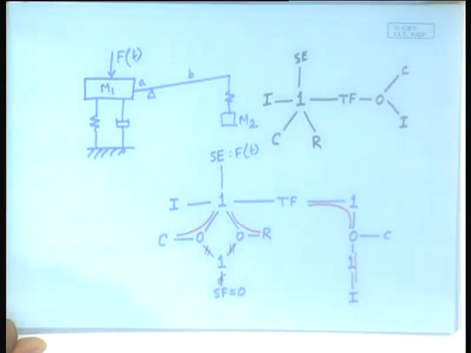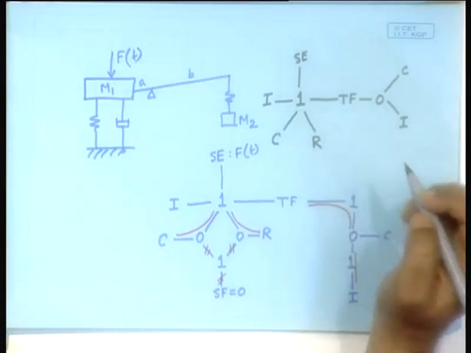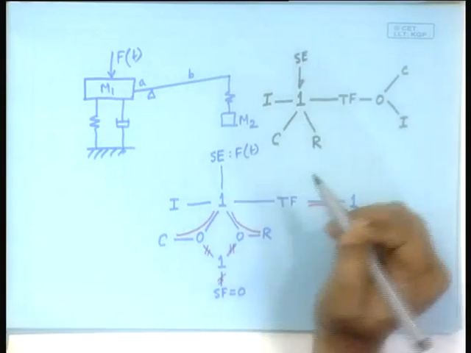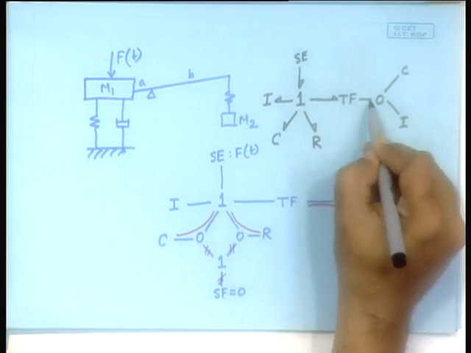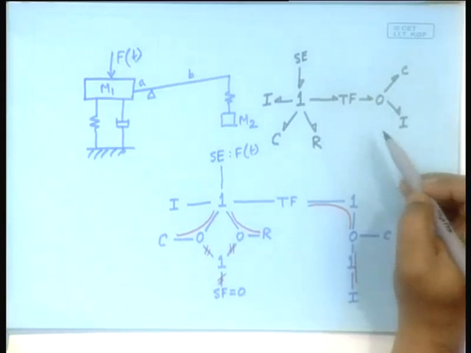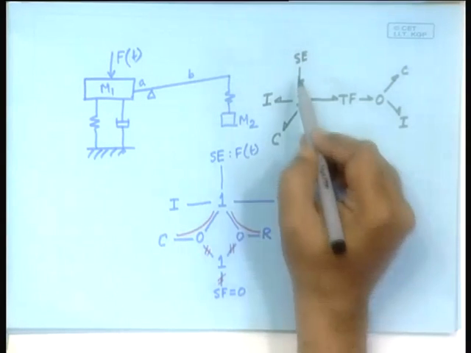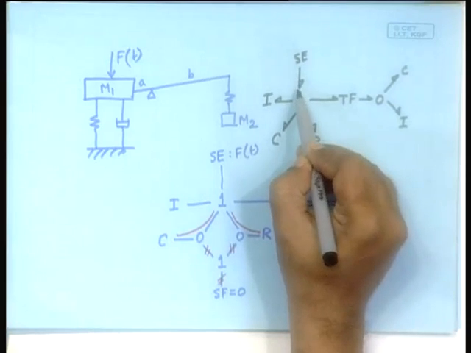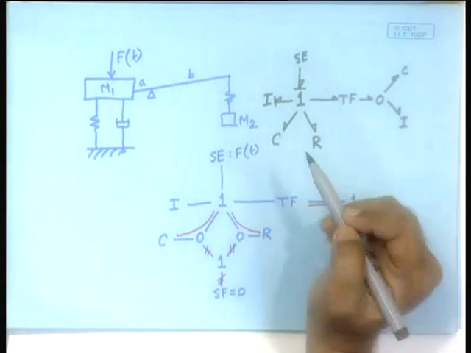Now, just as a matter of practice, put the power directions and the causalities. Power directions were simple. Causalities, how do you put the causalities? First, let us start from here. SE will take flow information, I will give flow information.